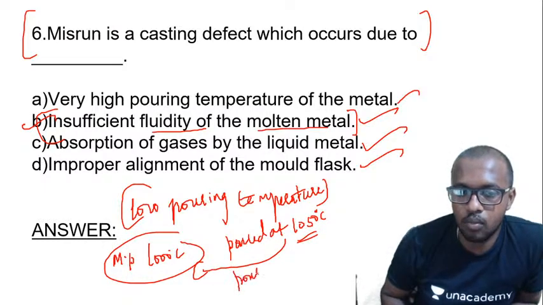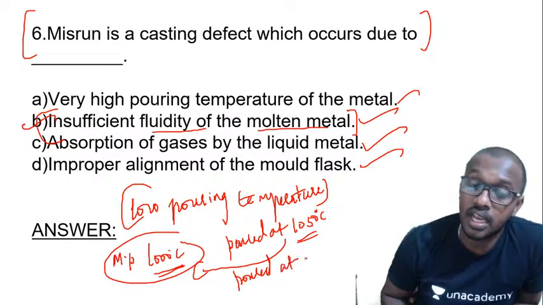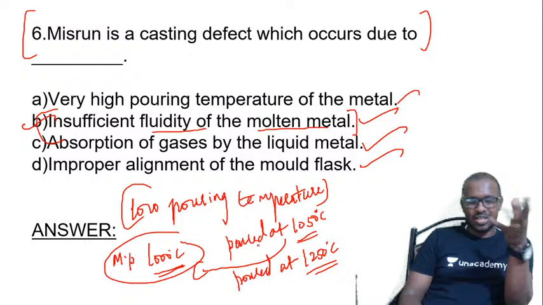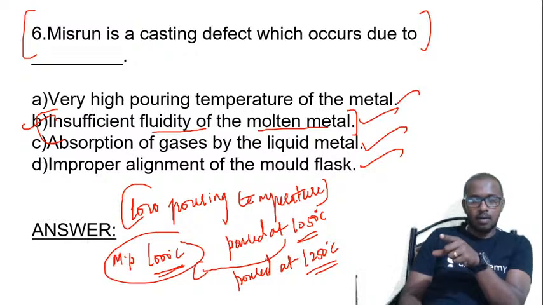But if the same metal, whose melting temperature is 1000 degrees Celsius, is heated to 1250 degrees Celsius and above and then poured, after the conduction laws, radiation laws, and everything within the mold, with the reaction with the sand, it will not become solidified until it fills the cavity.